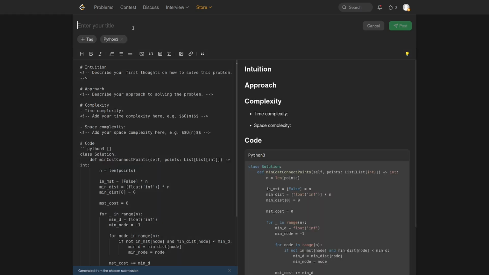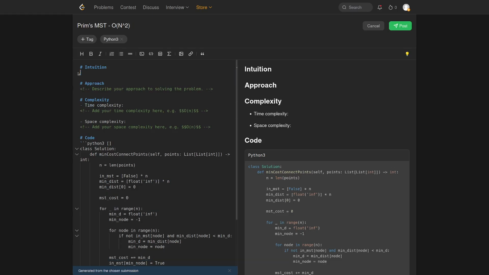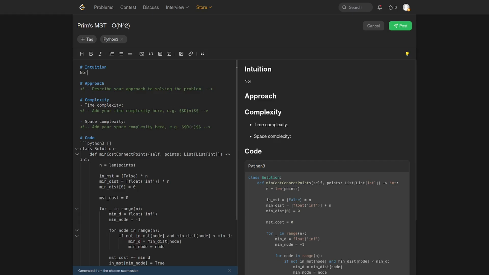Fair enough. So let's quickly write up the solution. Prim's MST in O of n squared. Okay, so we have normally Kruskal's, so this is just an MST problem.